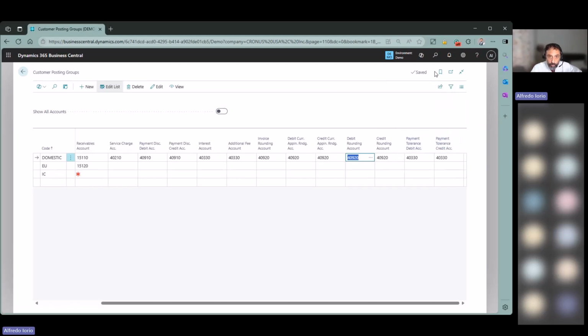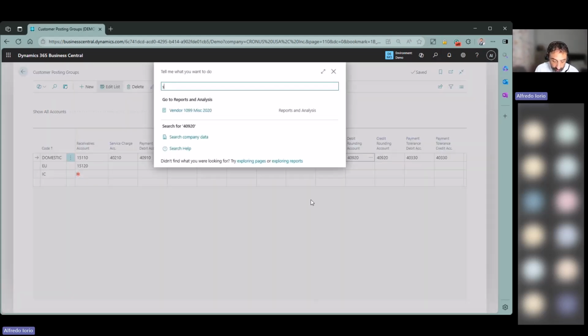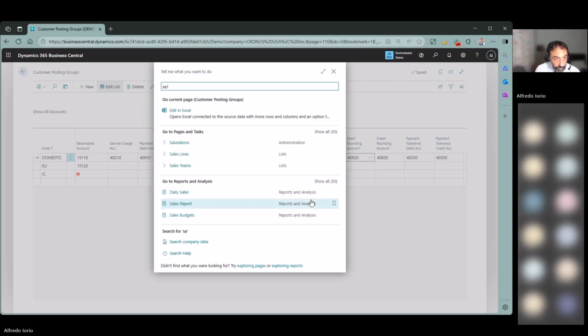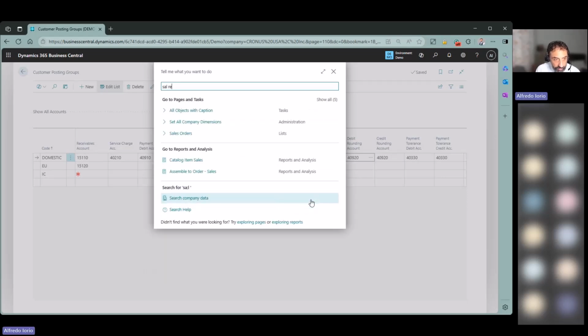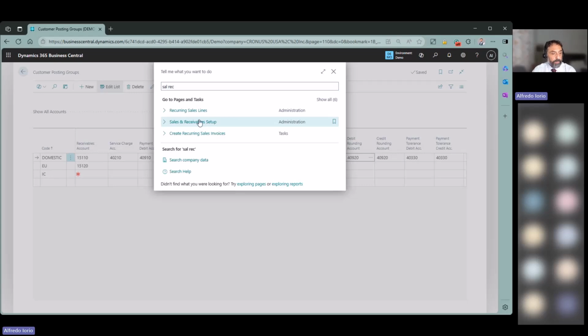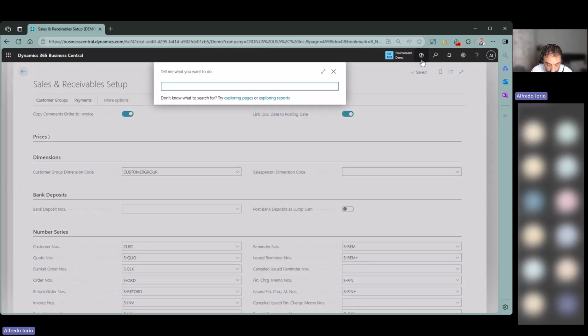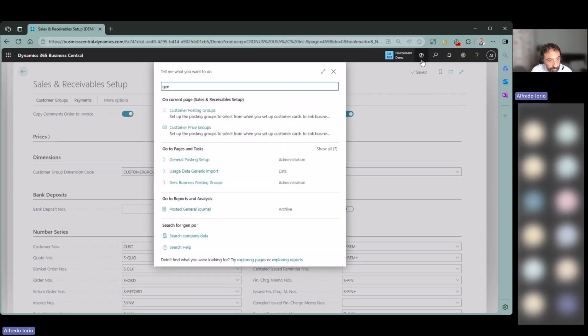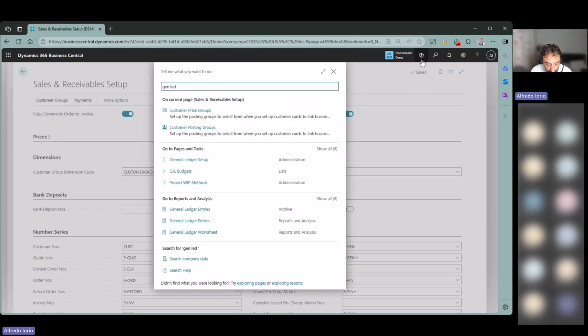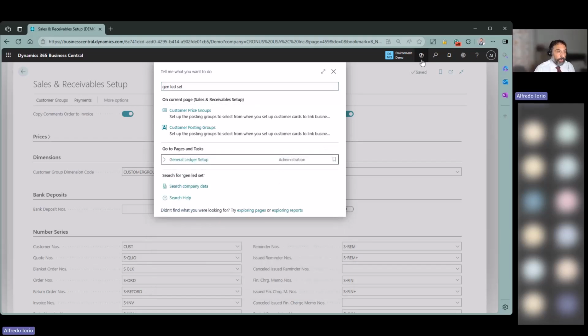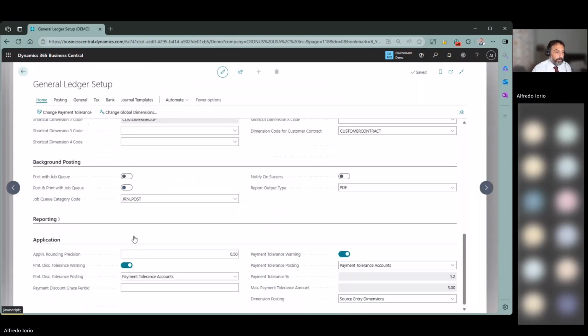So these two are also, there's four actually, sales and receivable account setup when you have the, no, not here, it's on general posting setup, general ledger setup, sorry. General ledger setup.